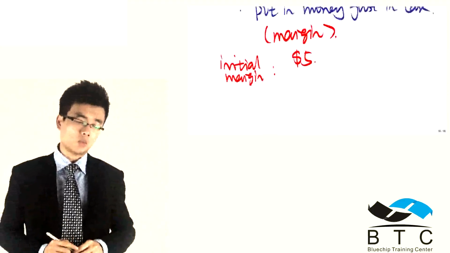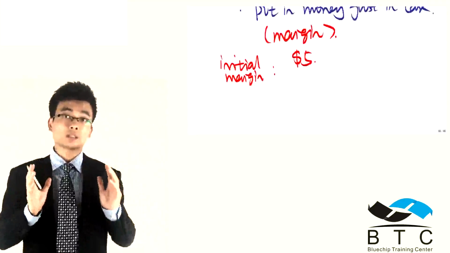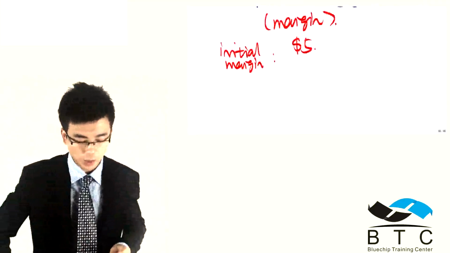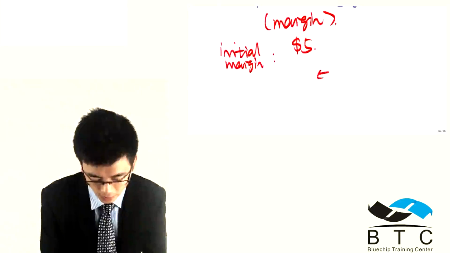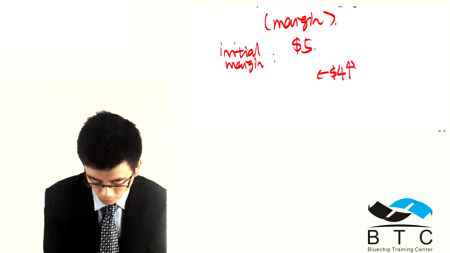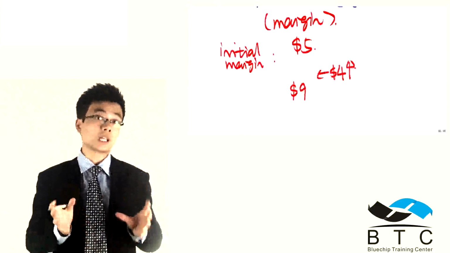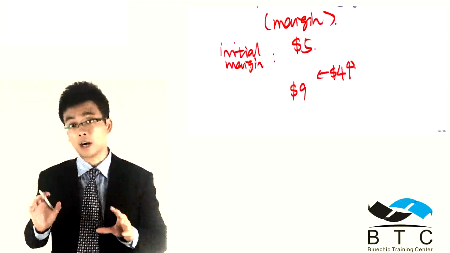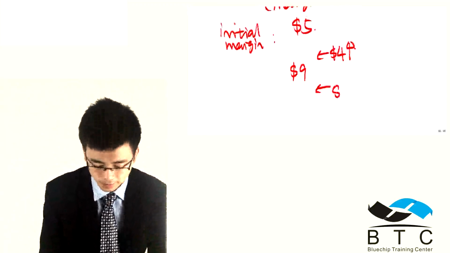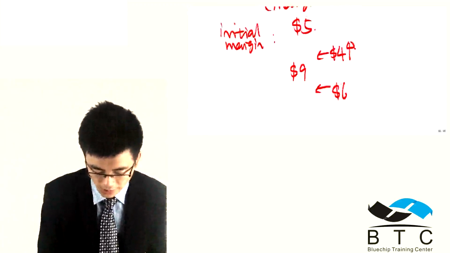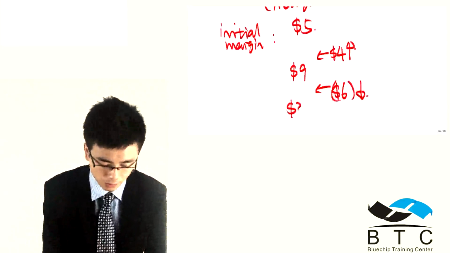And how the futures market works is that we settle daily. If you are on day 1, you can make a profit of $4, so your margin account will become $9 on day 1. On day 2, you make a loss of $6, so your margin account will become $3.